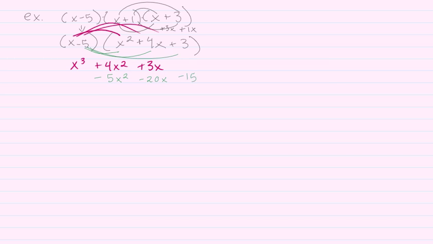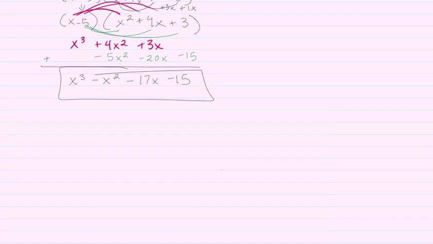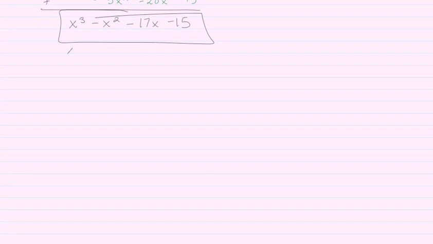So I lined them up vertically. You can line them up horizontally. It doesn't really matter. So x cubed minus x squared minus 17x minus 15 in standard polynomial form, with my decreasing exponents, with a starting power of 3 all the way down to my constant.